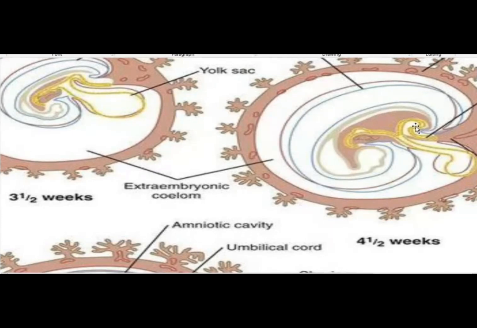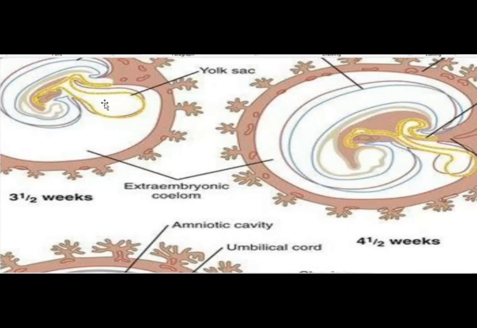Are you seeing that part of the hindgut is protruding into the connecting stalk? But don't forget the gut came from the yolk sac. So some texts will tell you that part of the yolk sac or hindgut protrudes into the connecting stalk.